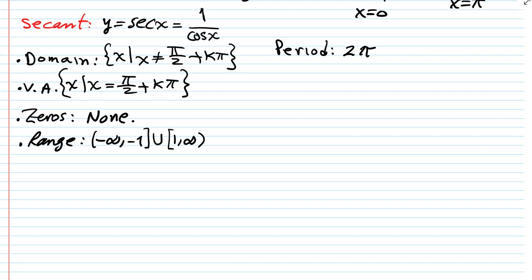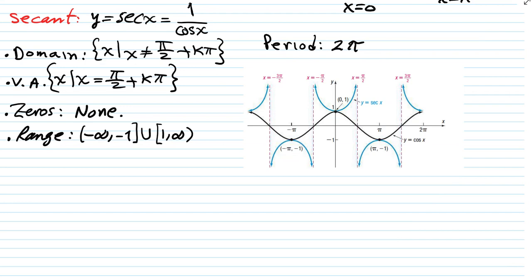Now, what does the graph of this thing look like? Let me bring the graph for you. Here you go, a nice graph of this, so I don't have to do it by hand. You get a better graph when I copy it from the textbook. What you see in black here is a very common way in trig textbooks to do this, because we view secant as the reciprocal of cosine. So this is the graph of cosine.